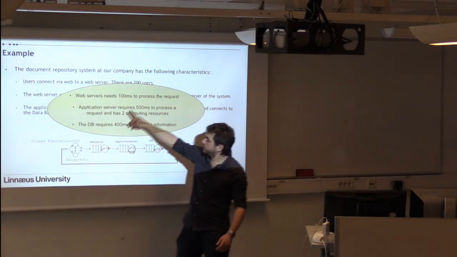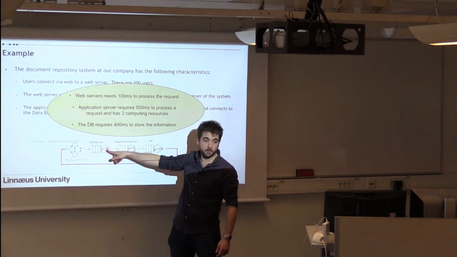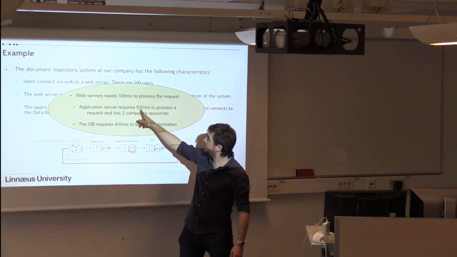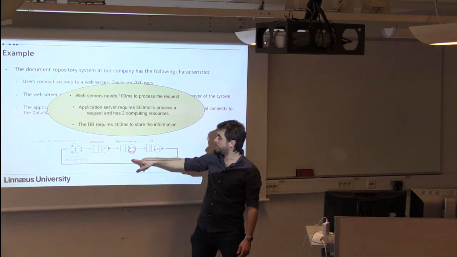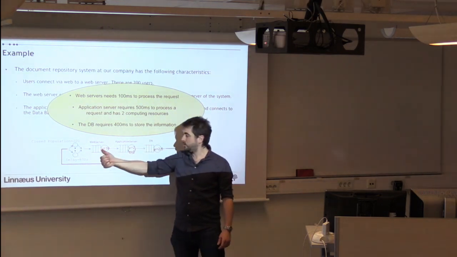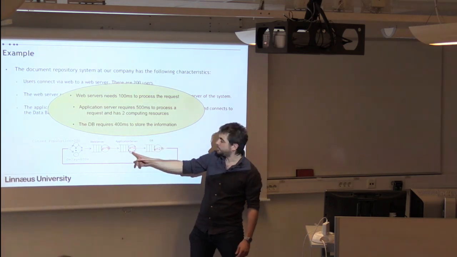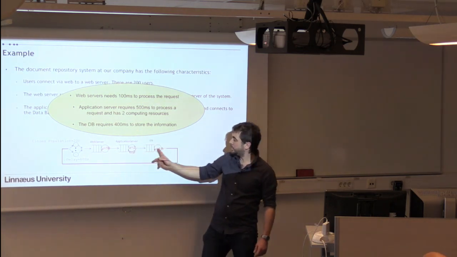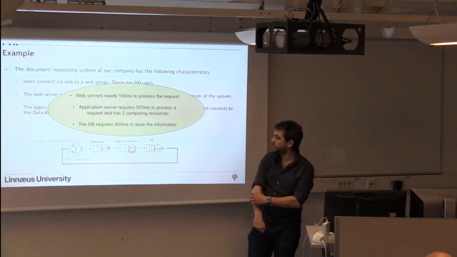So we will put, if we work with frequencies, 100 milliseconds, like 10 per second, half a second is like 2 per second, and we have 2 computing resources. So the C, this is single server, this is C, servers available, and the C is equal to 2 here. And the database, 400 milliseconds, so it can compute 2.5 requests per second.